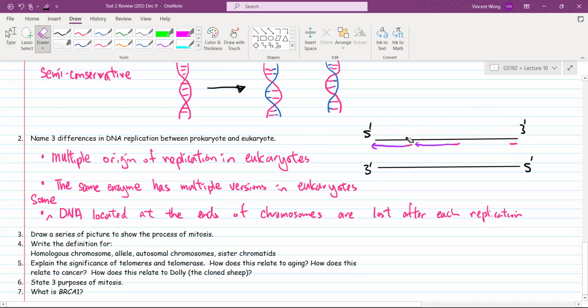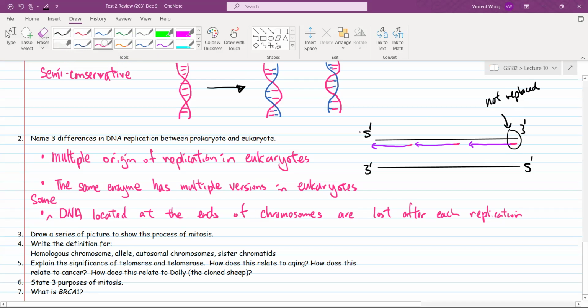As you approach the primer, you'll replace it with actual DNA. But the problem is this portion here is not replaced. Because there is no DNA polymerase coming from before. This is the end of the line, right? And as a result, you lose a bit of DNA every time you copy.